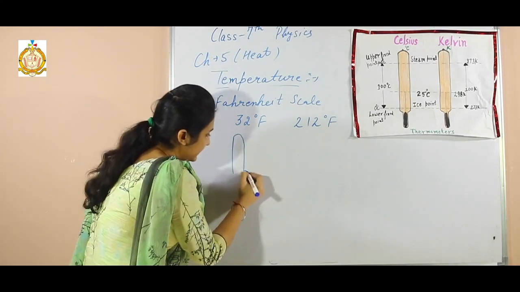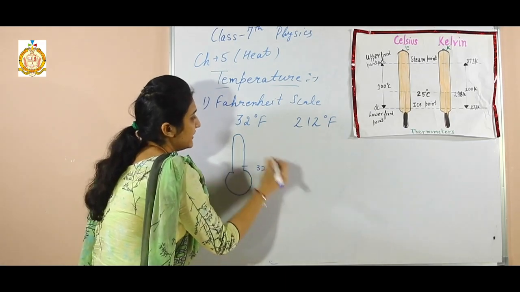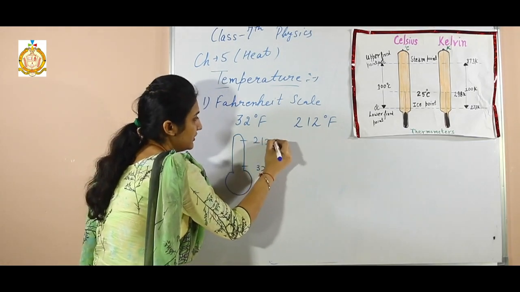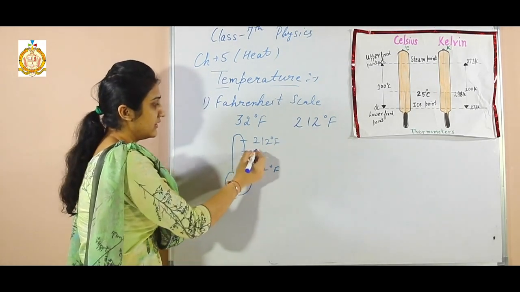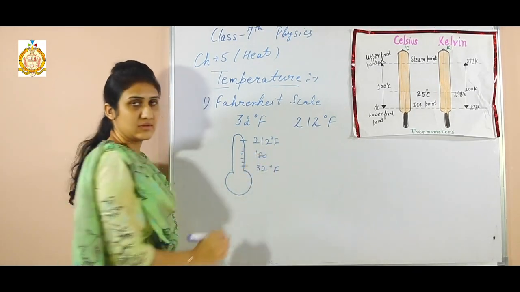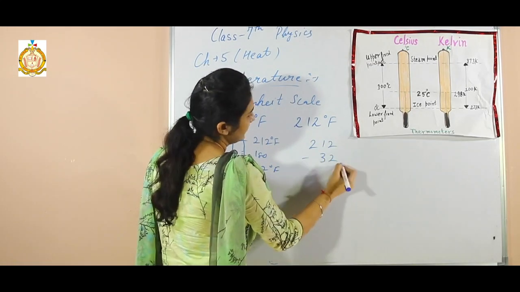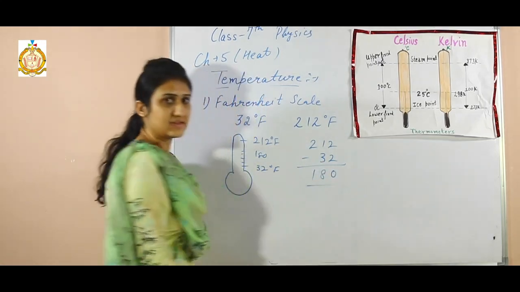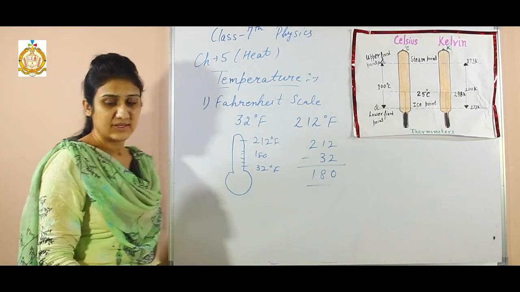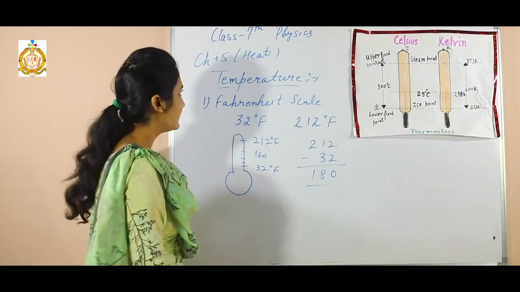If this is the Fahrenheit scale, here is 32 degree Fahrenheit and here is 212 degree Fahrenheit, and in between these there are 180 divisions. As you can see, here are 180 divisions in the Fahrenheit scale. And the next one is Celsius scale.